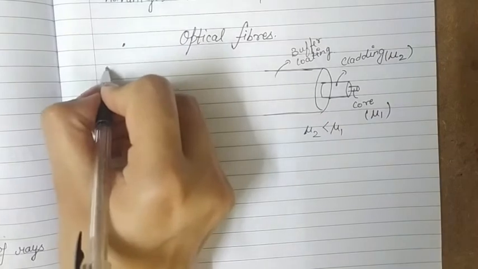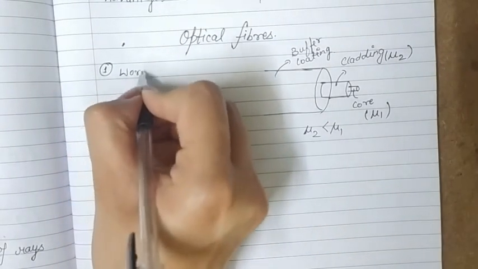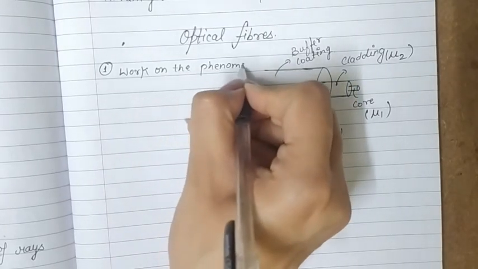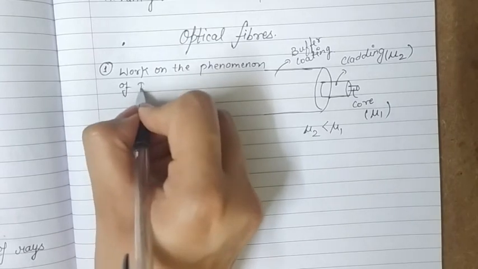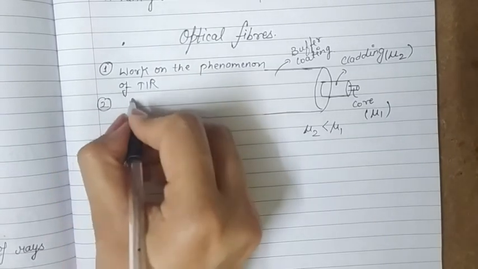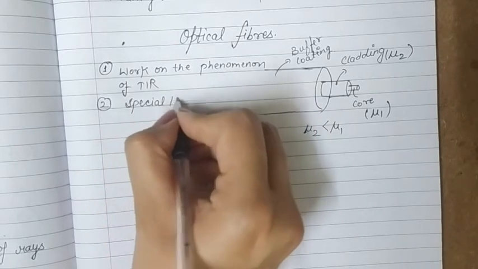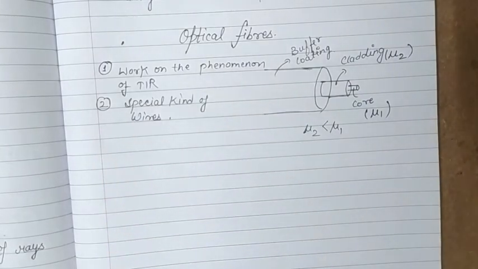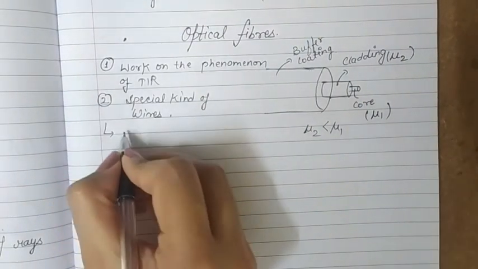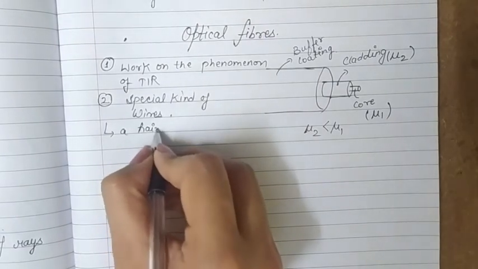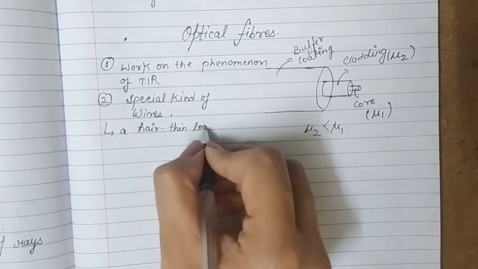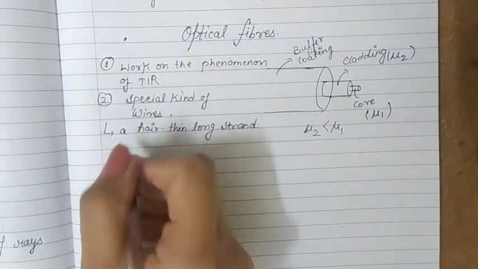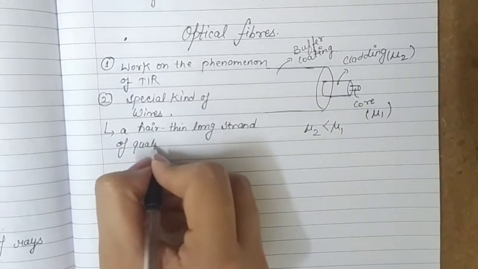The first thing is they work on the phenomenon of TIR. Second thing, these are special kinds of wires or cables which can be defined as a hair-thin, long strand of quality glass or quartz.